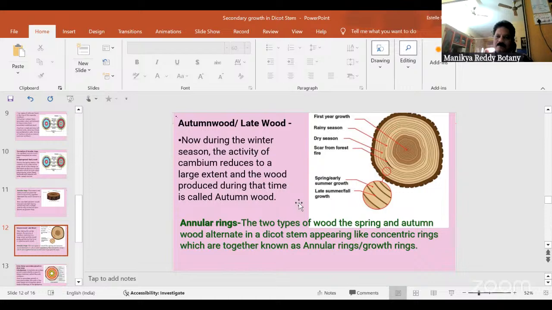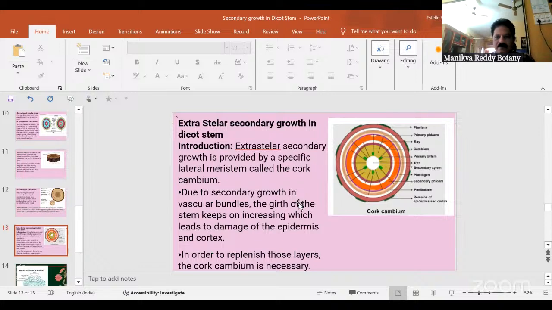Hence, because of the pressure exerted by the increased stele, the epidermis is ruptured. In place of epidermis, extra protecting layers are to be formed, and new protecting layers are formed.